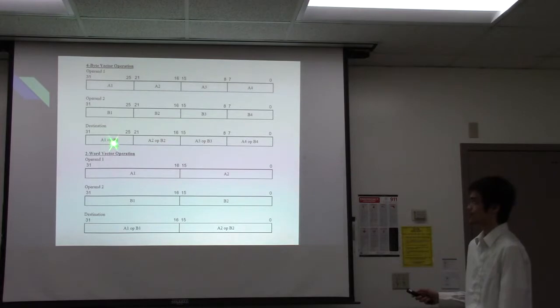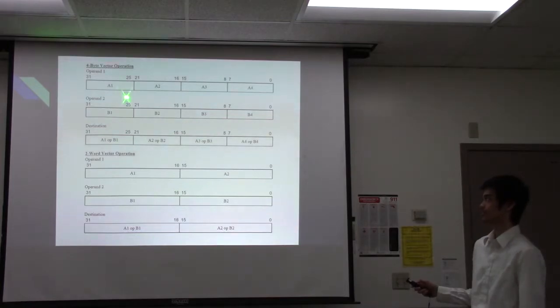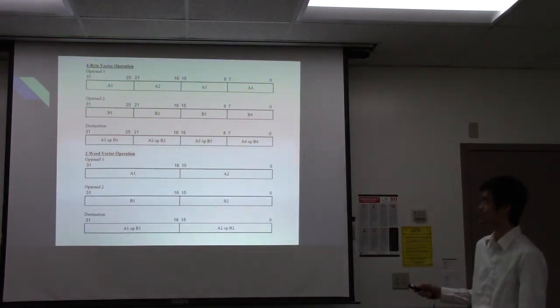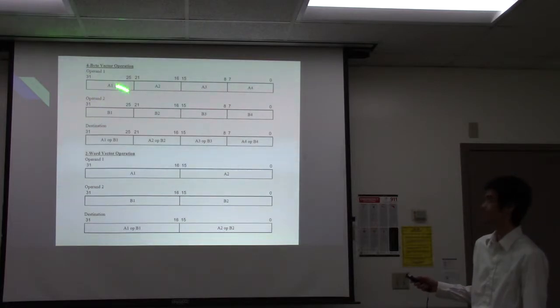When we're doing operations or instructions, we take the 8 bits of the first operand and a specific 8 bits of the second operand to get the specific bits of the destination, such as 31 to 24.